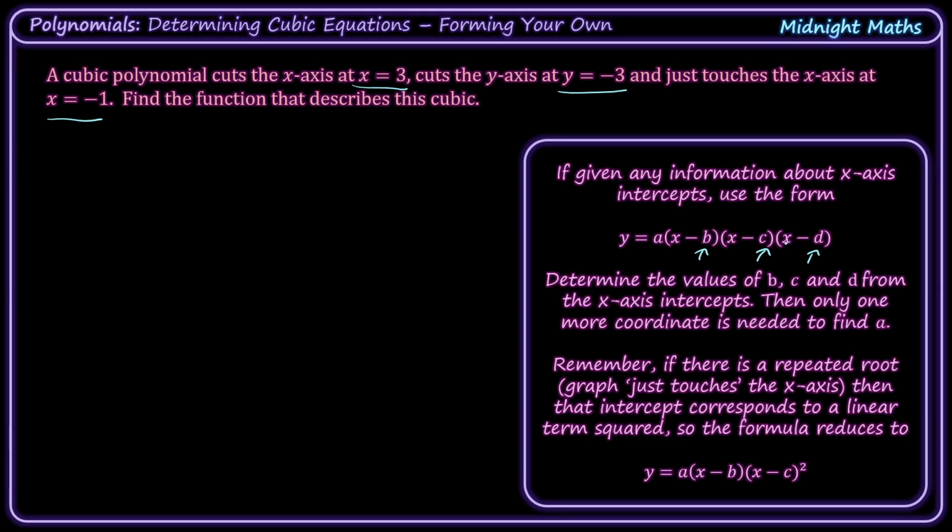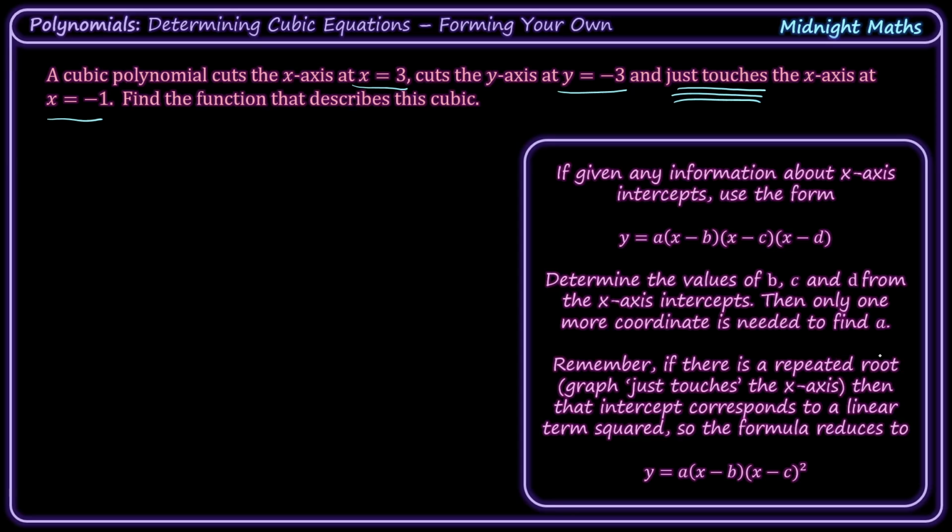And then once you've found all those intercepts and put them into the formula, you should be at a place where there's only one unknown, which is the coefficient A, and you can substitute one other coordinate in to find that value. One other thing to remember is if there's a repeated root, which in this question there is, because we said that the graph just touches the x-axis.